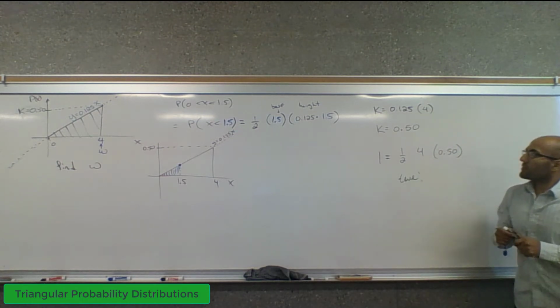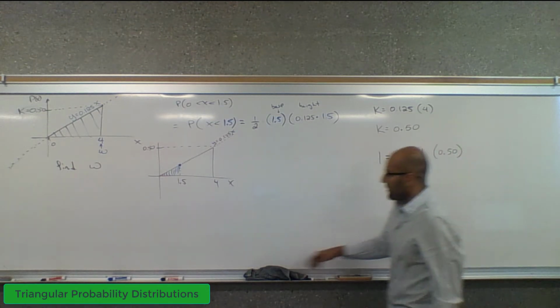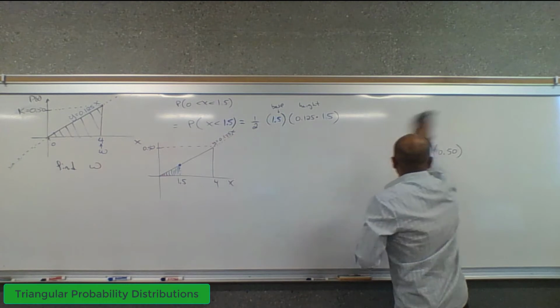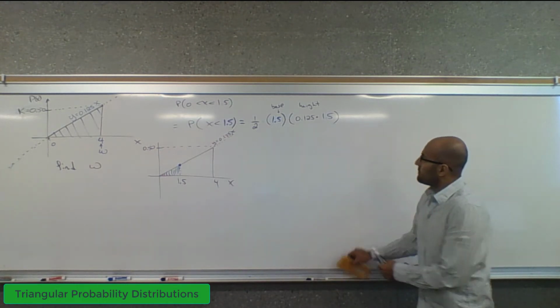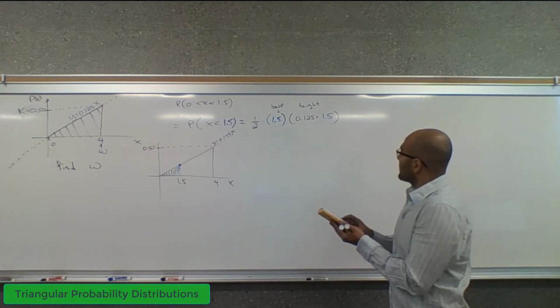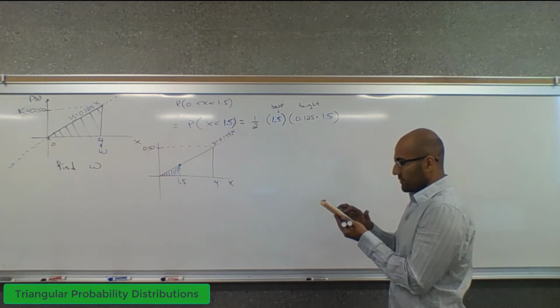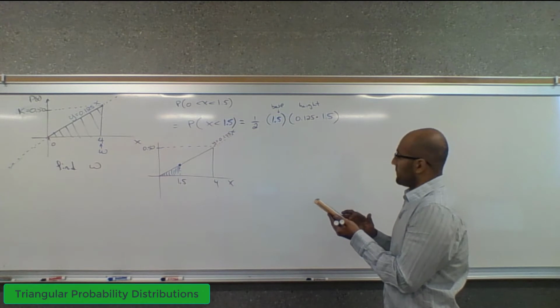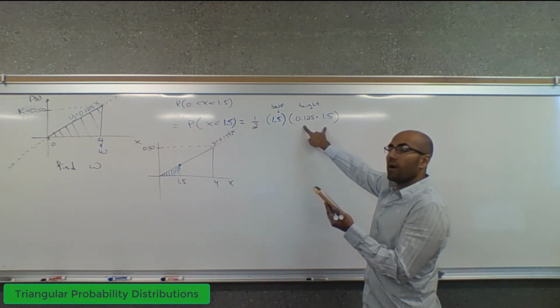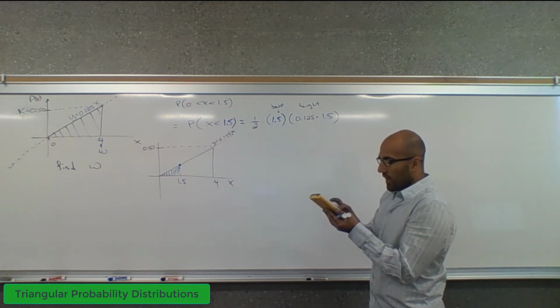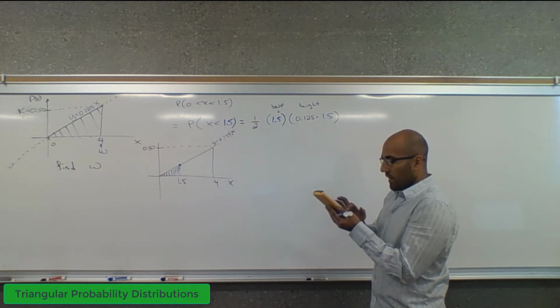Good. So then we just multiply that all out and get an answer from there. So we get 1.5 times 0.125. So the height was 0.1875 times 1.5 times 0.5.